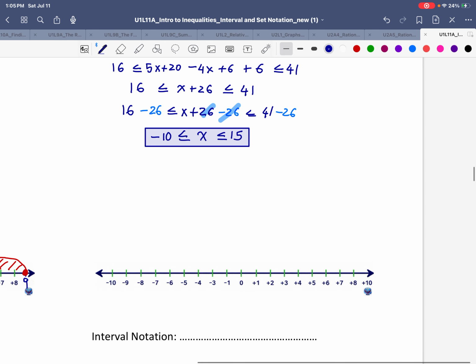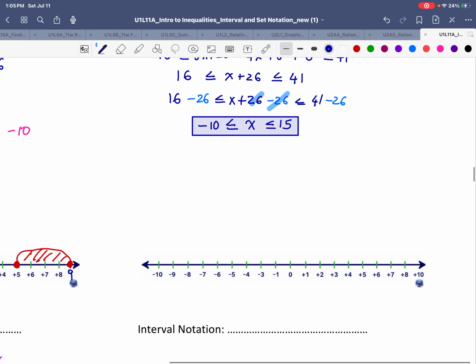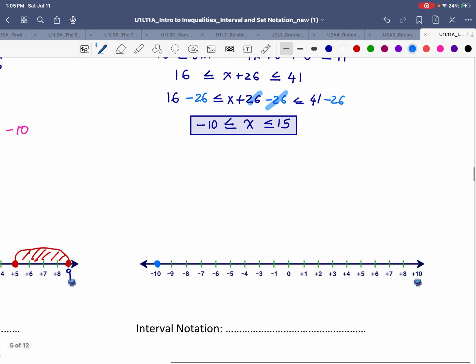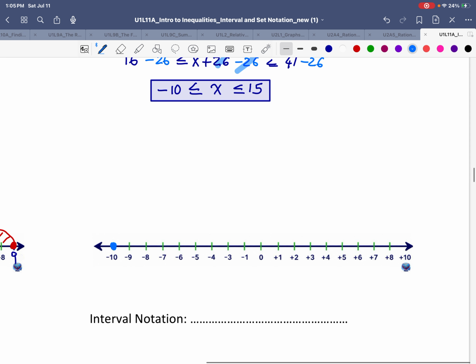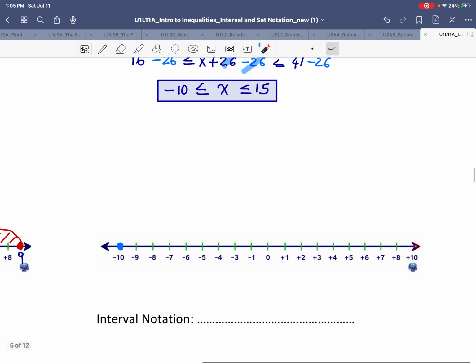What we're going to do is try to draw the solution on the number line. As you can see here, we have the number negative 10. We do want negative 10 to be part of our solution. We have the number 15, for which we haven't made much room. I think we were too ambitious here with these coefficients, but imagine number 15 being a little bit further here. Let me just fix it.